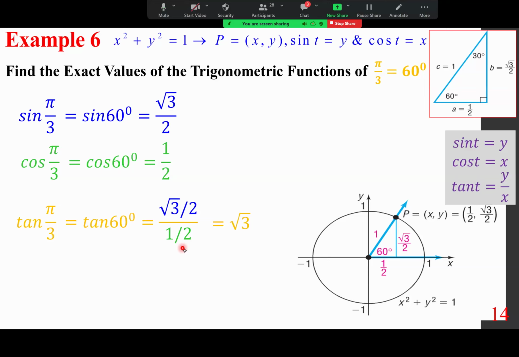So we got this from here. Sine is square root of 3 over 2, so cosecant is 2 over square root of 3. Secant is 2 over 1. And cotangent is 1 over square root of 3. So 2 over square root of 3, rationalized, you get 2 square root of 3 over 3.